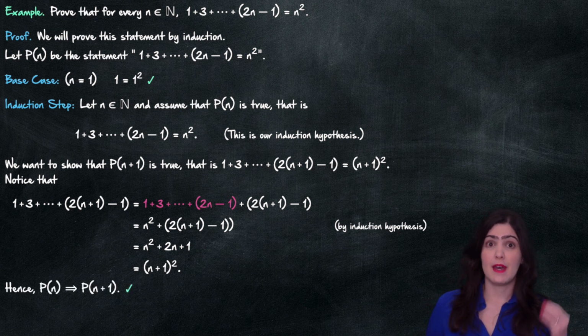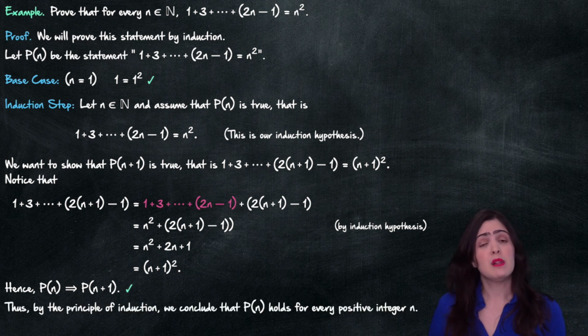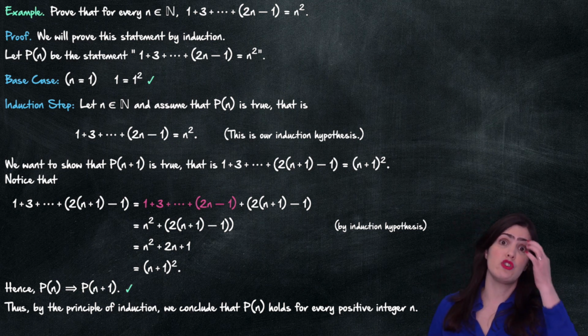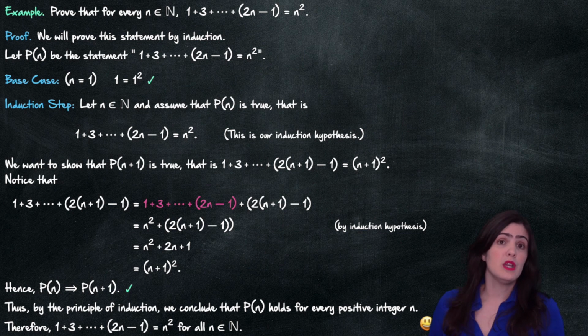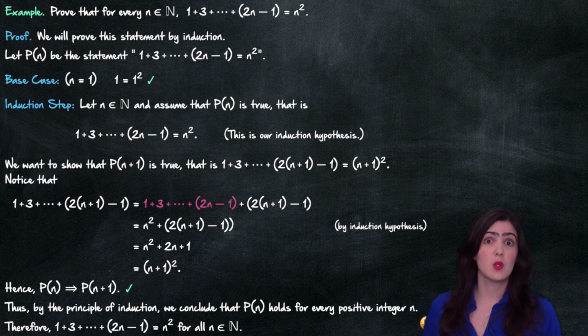Therefore, we have that indeed P of n implies P of n plus 1. Awesome. So by the principle of induction, we conclude that P of n holds for any positive integer n. So we know that the sum of the first n odd natural numbers is equal to n squared for any natural number n. And that completes our proof by induction.